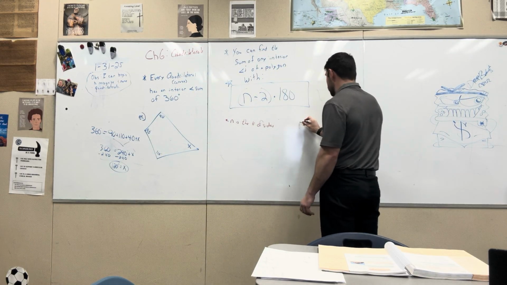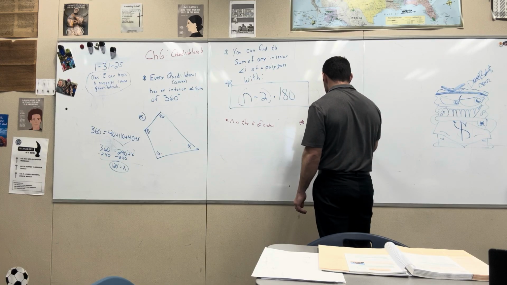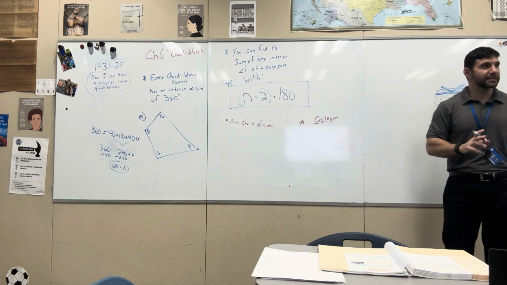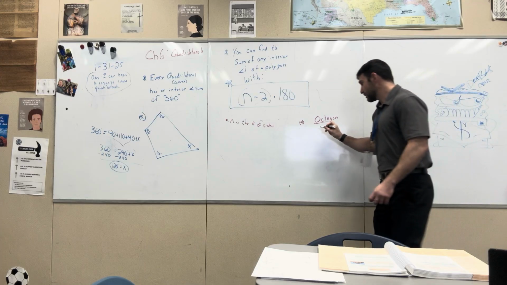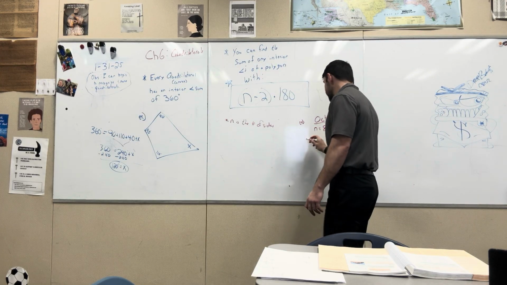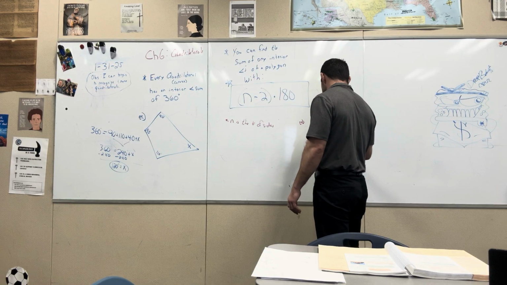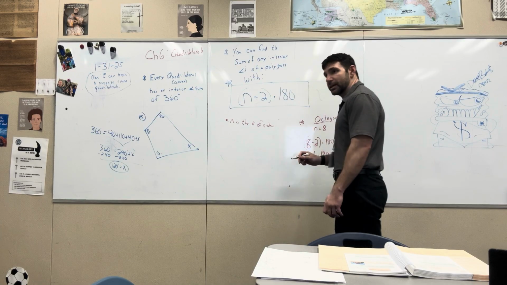So I'm going to go down here. Here's my example. Octagon. How many sides does an octagon have? 8. So n equals 8. To find the interior, I'm going to do 8 minus 2 times 180. That's 6 times 180.